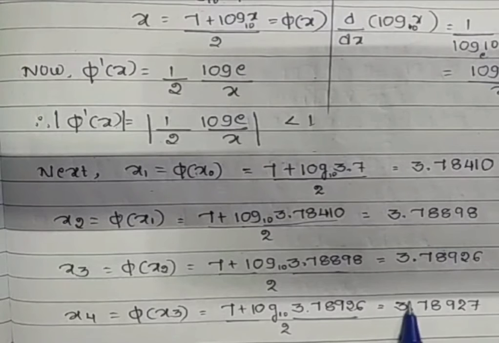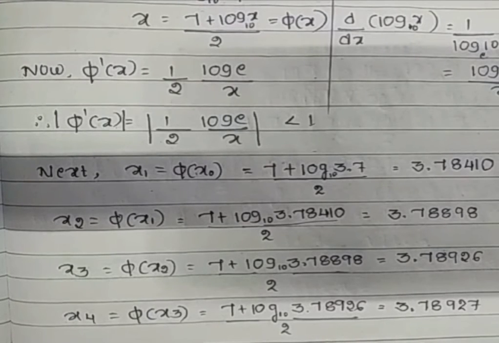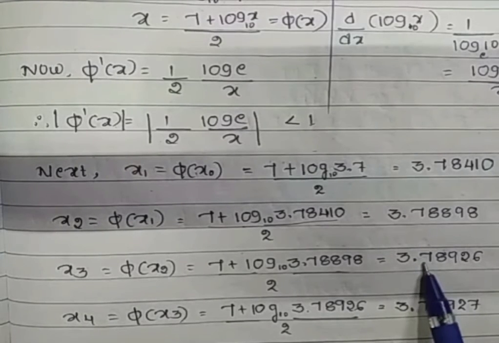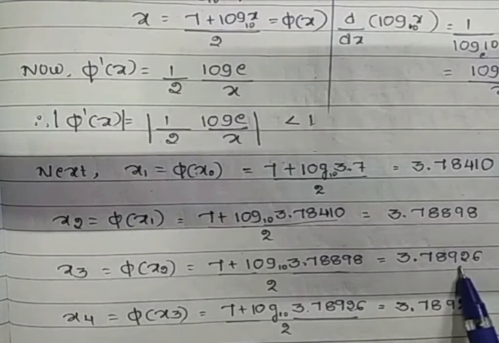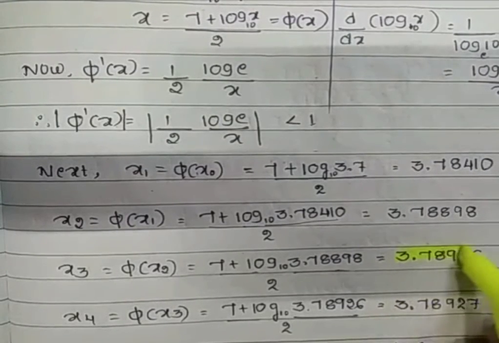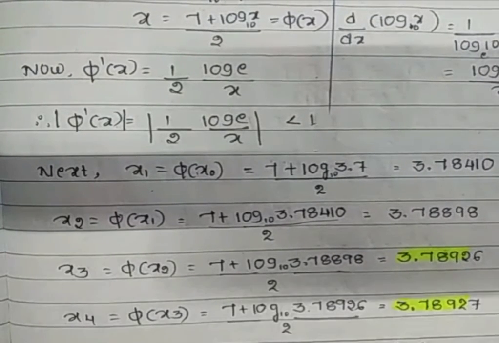It gives us 3.78927. What you can observe here, after calculation of x3 and x4, is that 4 decimal values are similar, that is 7892 after the decimal point in both. So in x3 and x4, 4 decimal values have already matched.